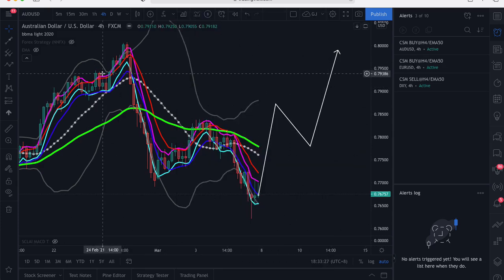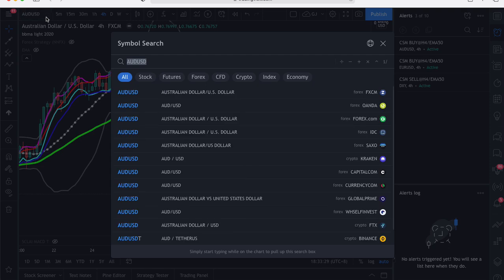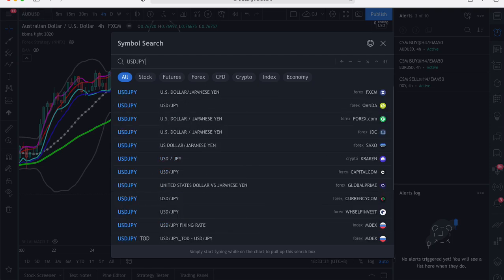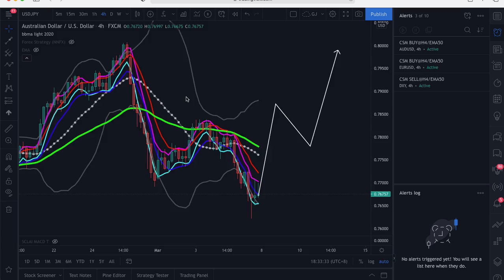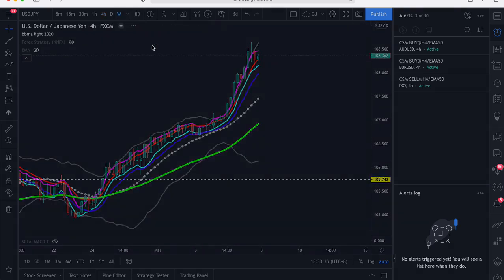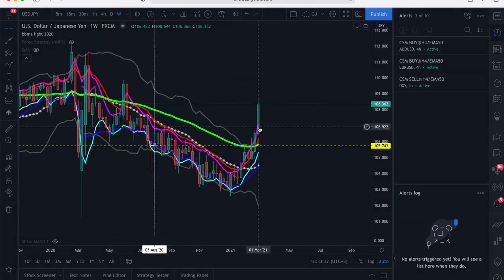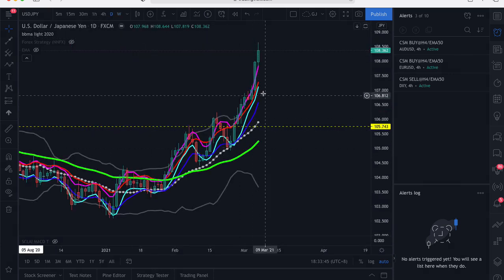Alright, next pair USDJPY. For USDJPY on the weekly time frame, we can see that it also made a CSM buy candle. However, this is our sell setup, re-entry sell. We look for sell. On daily, it made a CSM buy, which actually opened and closed outside the Bollinger Band.